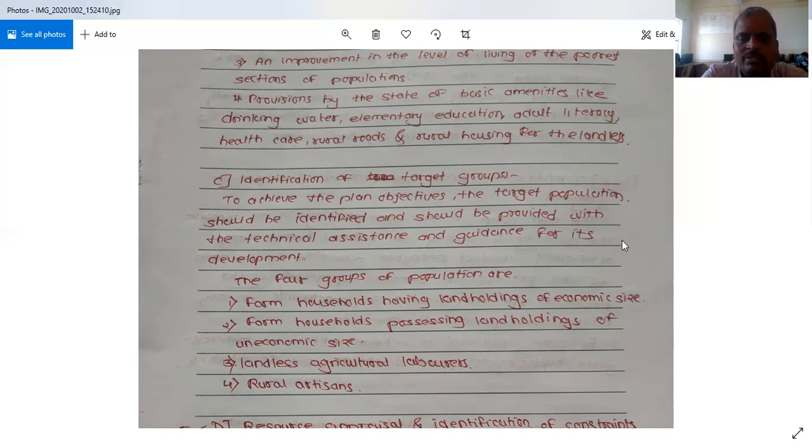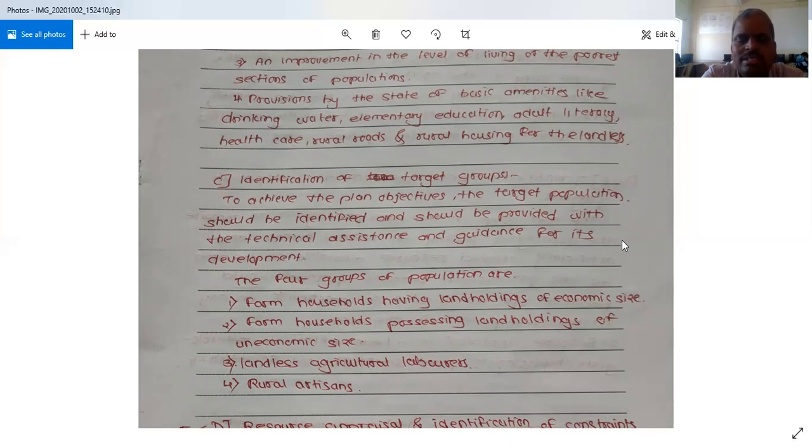They have given us 4 types of groups, in which the first is farm households having land holdings of economic size. Some of the people may have land holdings of economic size. The second is farm households possessing land holdings of uneconomic size. Sometimes some of the people have land holdings which are of uneconomic size.